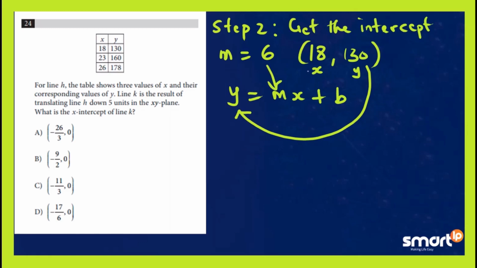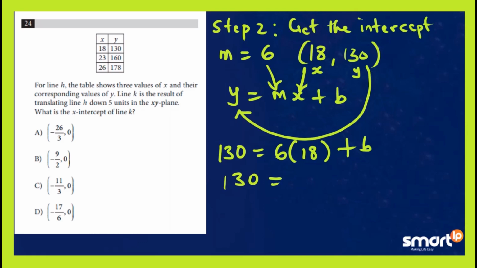And when we have x, we put 18 there, so that we can use it to determine the b. Let's do that. 130 equals 6, that's our m, in bracket, times x in bracket, 18, plus b. So we have 130 equals 6 times 18, which gives us 108.